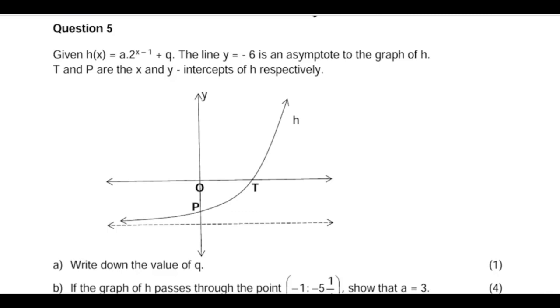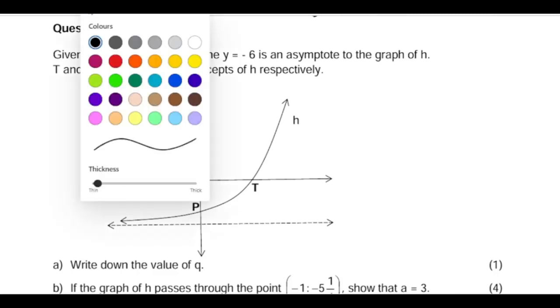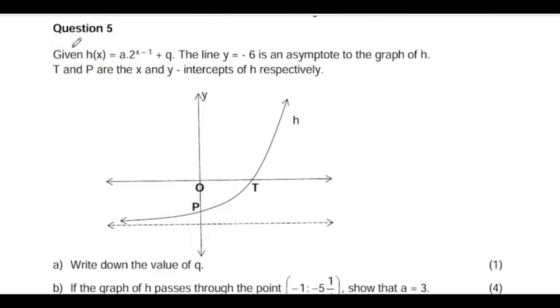So we are given h at x equals a multiplied by 2 to the power x minus 1 plus q. This is exponential. And the line y is equal to minus 6 is an asymptote. What I need you to understand is that the asymptote of the exponential function is the value of q.